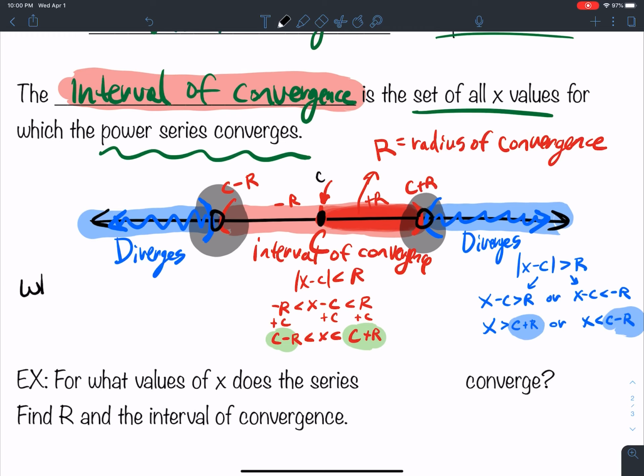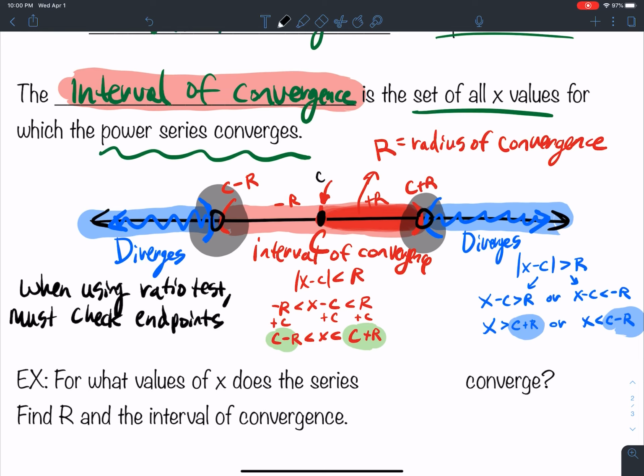When using the ratio test, you must check endpoints individually for convergence.